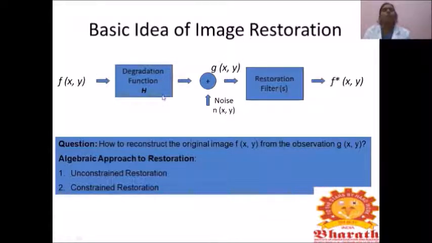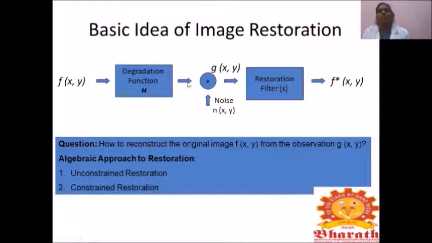Usually the degraded image is the convolution of the degradation function h, and noise is added. Noise is added due to a channel problem. This channel may be anything, your transmission line or transferring an image from one place to another place.